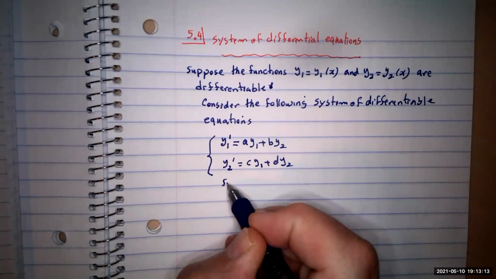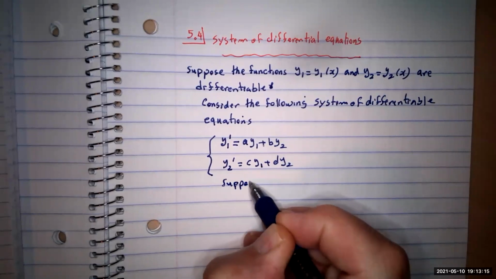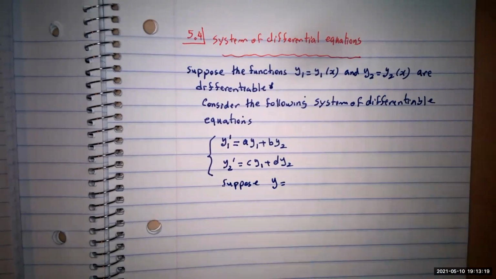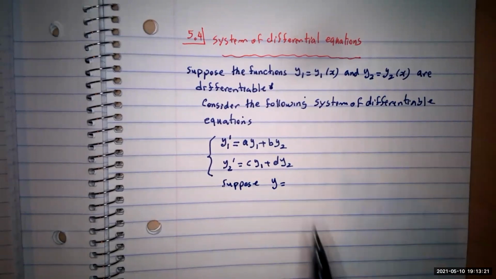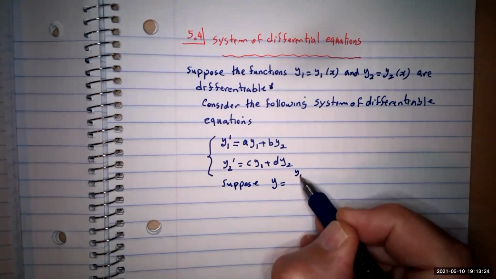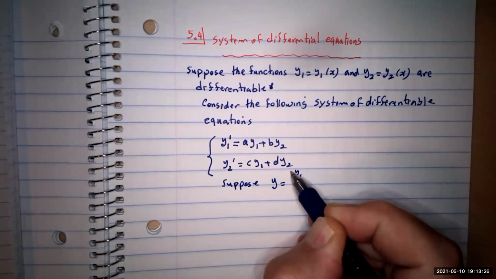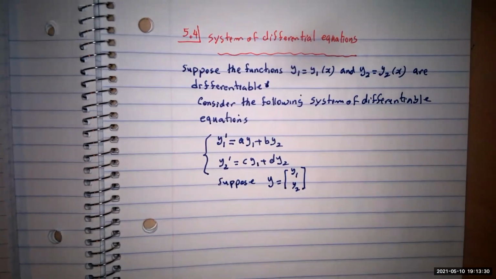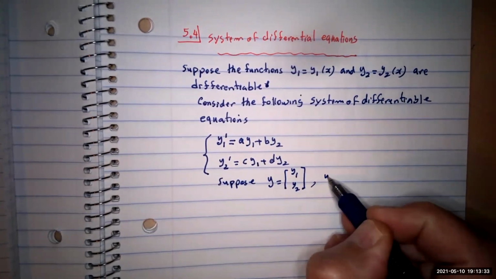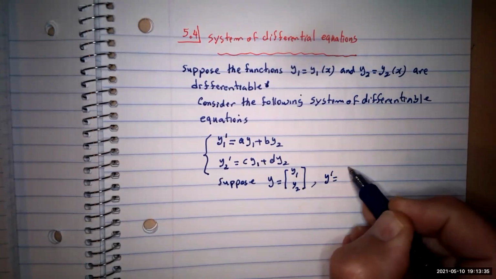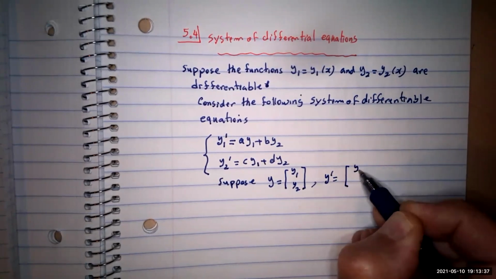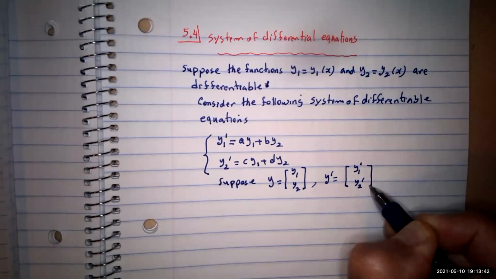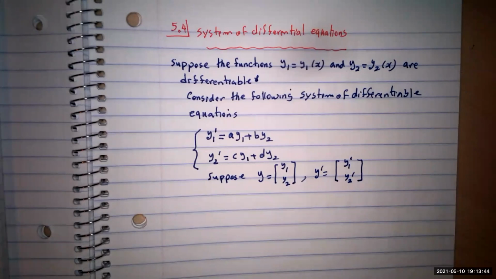Suppose we introduce y to be a vector, a two-dimensional one, with entries y1 and y2. Of course, y prime is now the vector of derivatives, y1 prime and y2 prime.